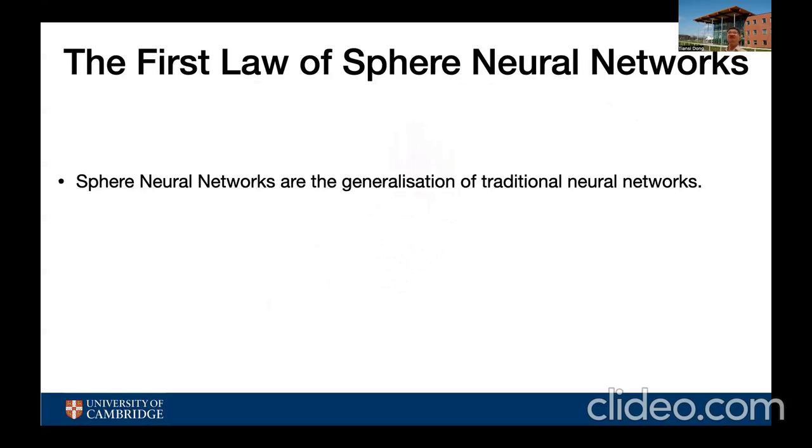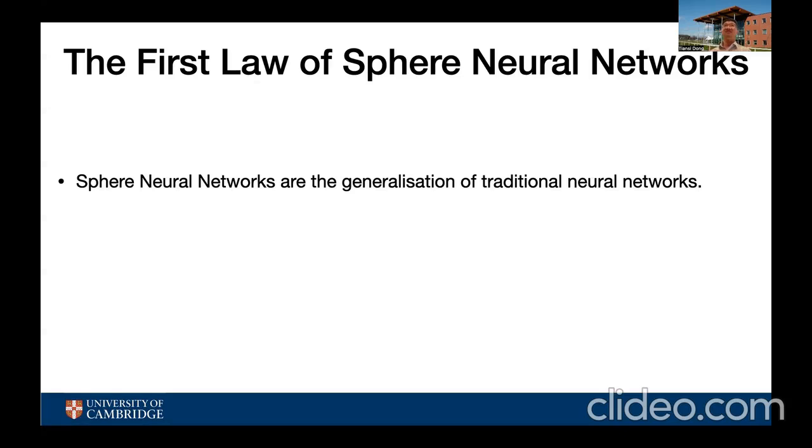The sphere neural network is a generalization of the traditional neural network. Traditional networks optimize vectors, a special kind of sphere. Any operation, any method to optimize a vector can be applied to the center of a sphere. So the sphere neural network does not lose anything.